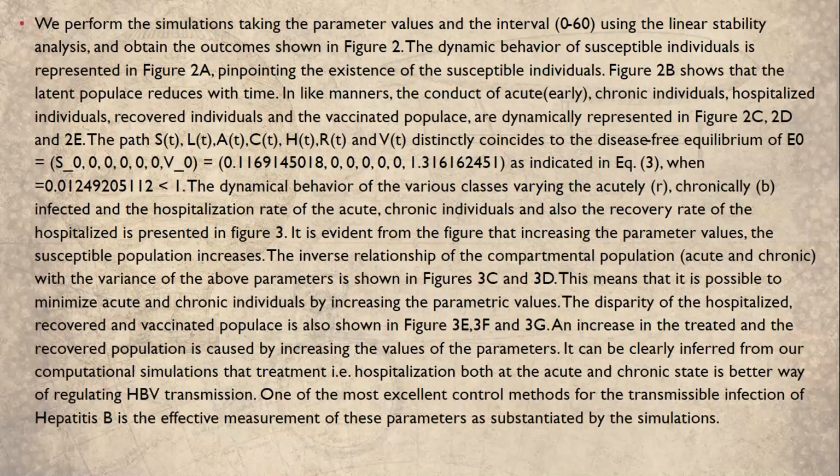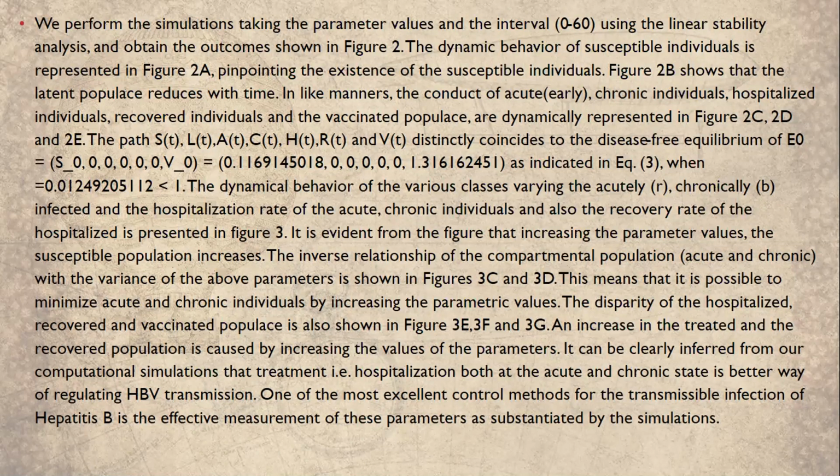The dynamical behavior of the various classes, being in the acute division and the recovery class, was presented in figure 3. It is evident from the figure that increasing the parameters of the susceptible population increases the inverse relationship of the compartmental population with the variance of the parameter, as shown in figures 3C and D. This means that we can minimize the acute and chronic individuals by increasing the parameter values.